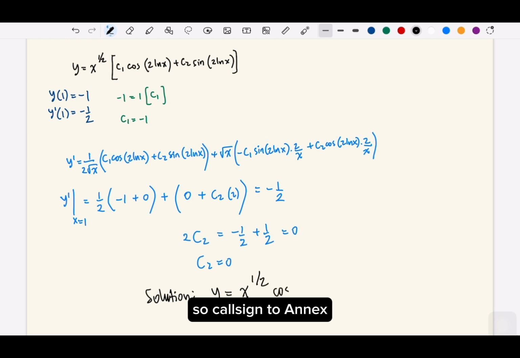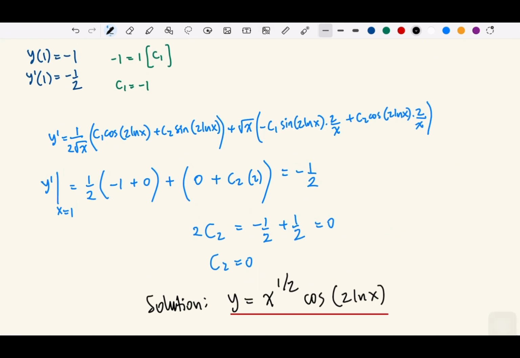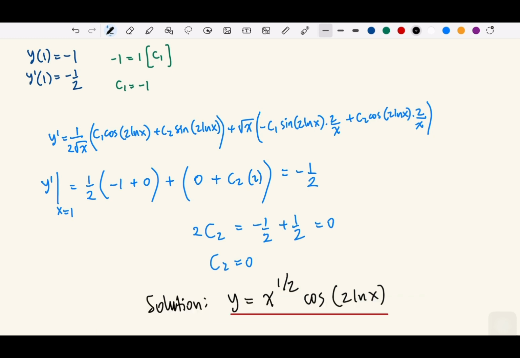So cosine 2 ln x. Okay. I hope you get it. Did you get it, this one? I just differentiate and take the product rule. It's quite long.